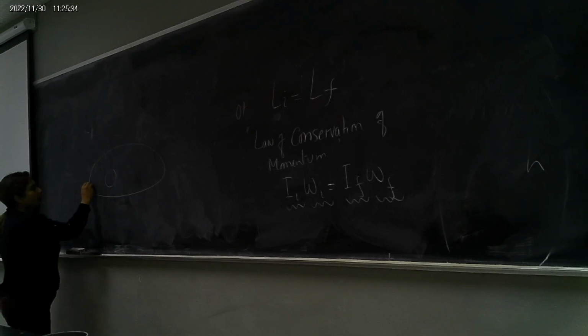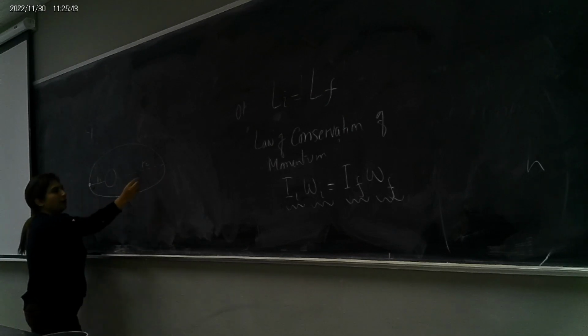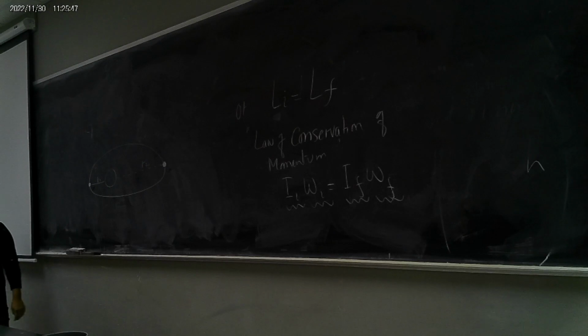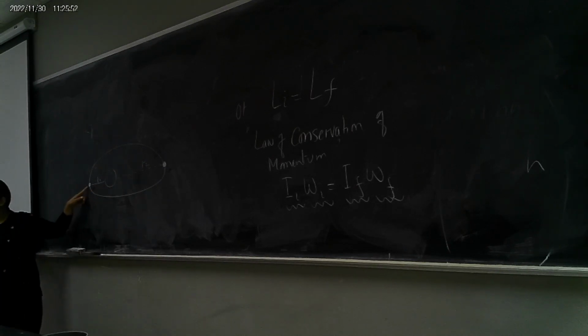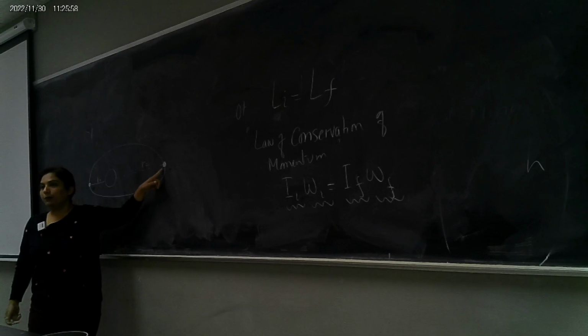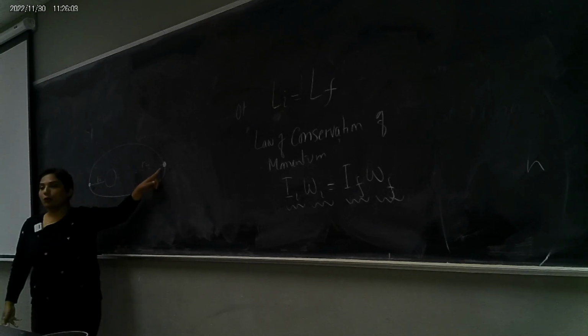The points where it gets closer, where the radius is smaller, it starts moving faster to increase the angular velocity. Where it is away from the Earth, it's going to go slower because the radius is greater and it's trying to reduce the moment of inertia.